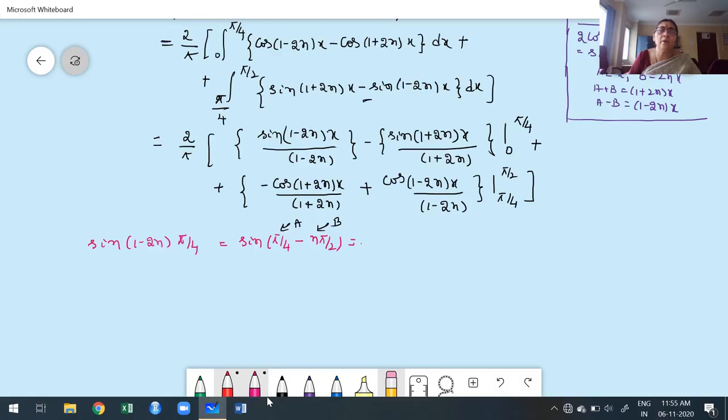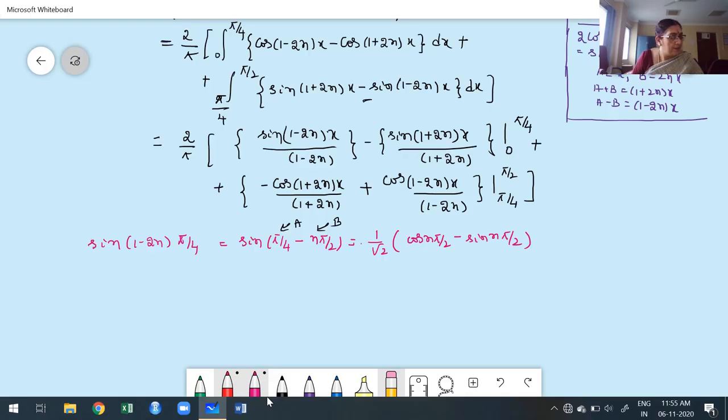Either sine of pi by 4 or cos of pi by 4, the value is common, 1 by root 2. I'll keep 1 by root 2 outside. I'll write cos B, which is cos of n pi by 2, minus sine B, which is sine of n pi by 2. I think it's clear. Just apply sine of A minus B. Once you apply it, sine of pi by 4 and cos of pi by 4 are 1 by root 2. I took it as a common factor.